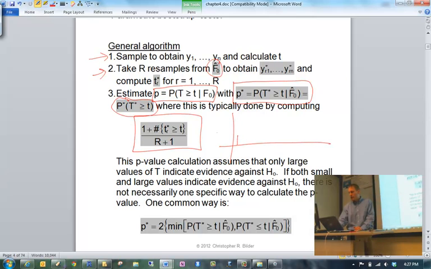So if this is what our histogram of all the t stars looks like, and let's say t happened to fall right here, you're just finding the proportion that are over here, essentially. I'll explain why there's a 1 here. It's somewhat of a similar explanation to chapter 1 when we were looking at quantiles. Somewhat.